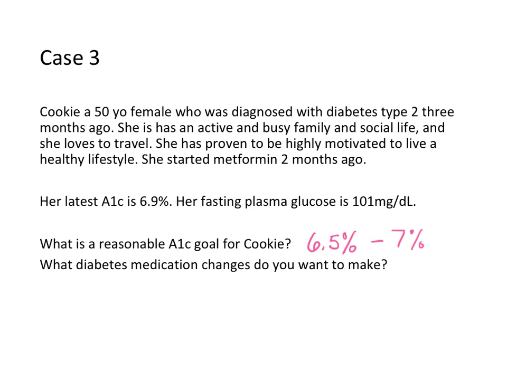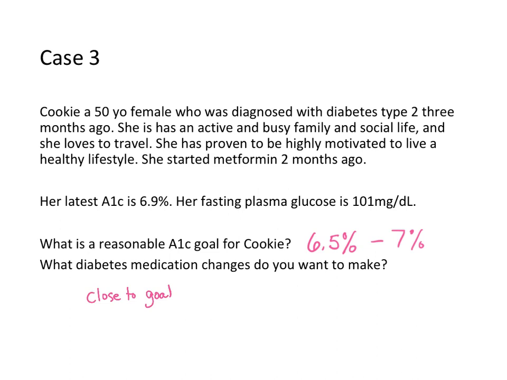I mean, she's close to 6.5 already. Her plasma glucose is great. And she's on a single medication, the Metformin. Combined with a healthy lifestyle and some slight modifications to her diet, she may be well able to maintain her good work so far at 6.9 just on the Metformin.